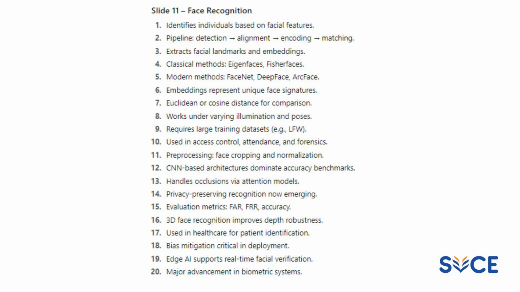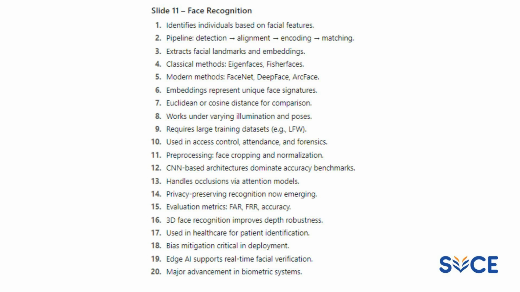So how does face recognition work? The face recognition process typically follows these main steps. First, face detection. The system first detects the presence and the position of the face in an image or video.